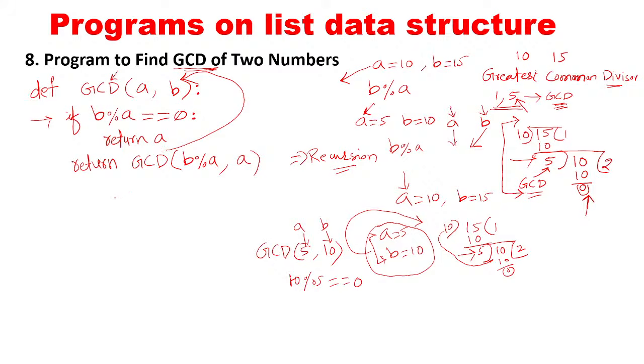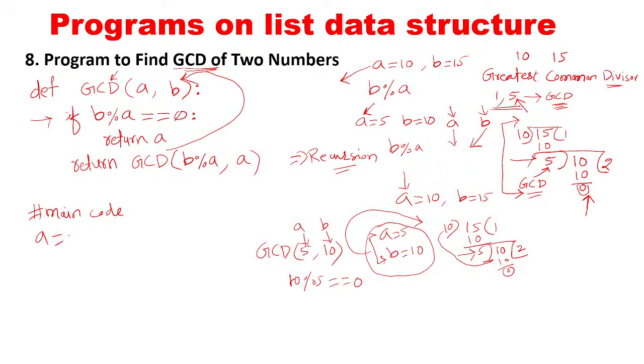Got it? With these three lines you can calculate GCD of any two numbers. Then you write the main program. What is the main code? You need to take two values and call this function.